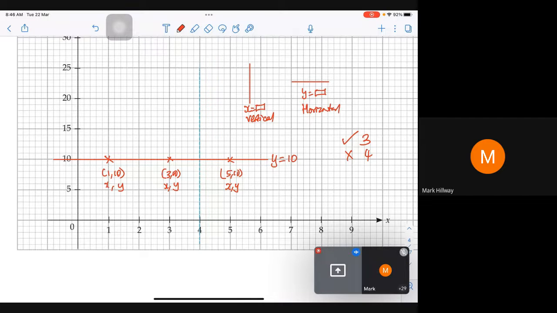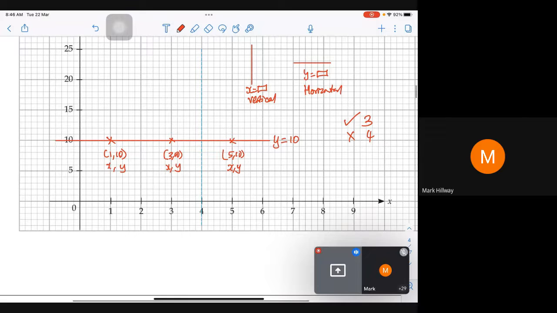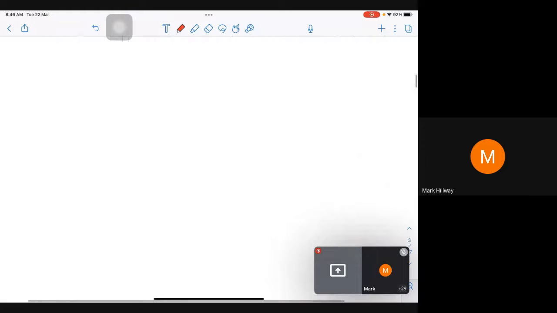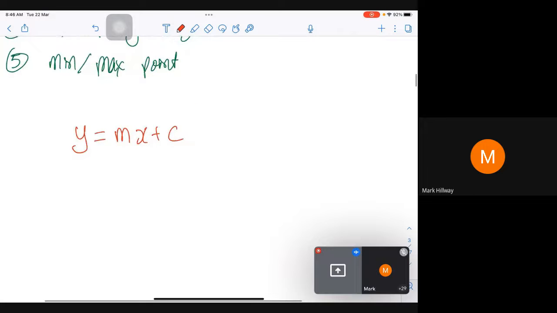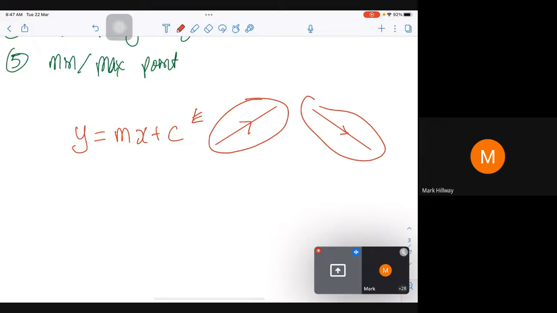Okay, very good. So you see, with Mark asking, how about y equal to mx plus c? This is also a straight line. This straight line will either be going up or going down, right? This one going up and going down depends on what?